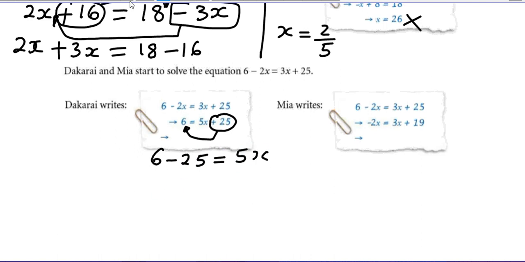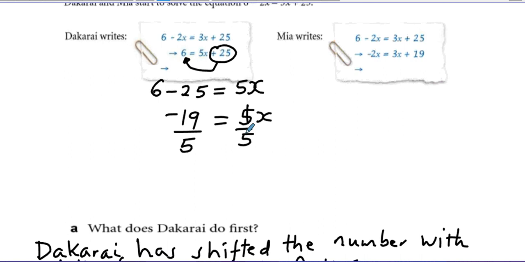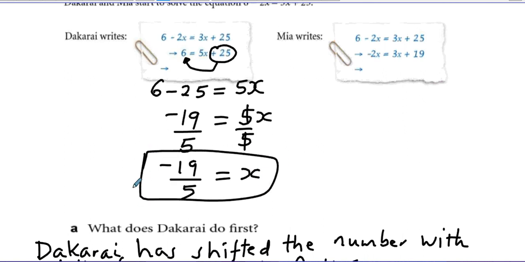We are trying to complete Dakarai's solution. 6 minus 25, this will be negative 19 equals 5x. Now to find the value of x, we need to divide by 5 on both sides. So the 5 and 5 cancel, so this will be negative 19 over 5 equals x. So we stop here, that's the answer.